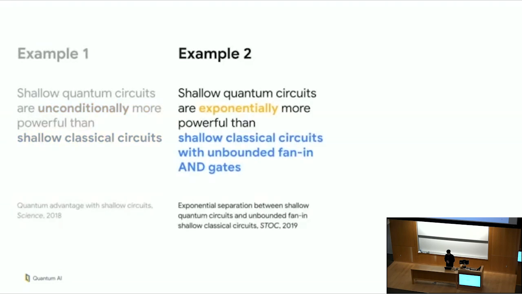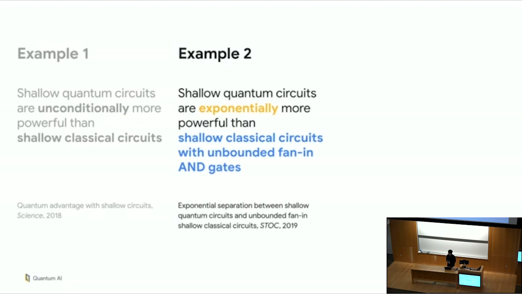A follow-up work extends this previous result and enhances it, and the result was published in STOC 2019, called Exponential Separation Between Shallow Quantum Circuits and Unbounded Fan-in Shallow Classical Circuits, where they consider an enhanced family of classical circuits called shallow classical circuits with unbounded fan-in AND gates. In complexity theory, that was often referred to as AC0.